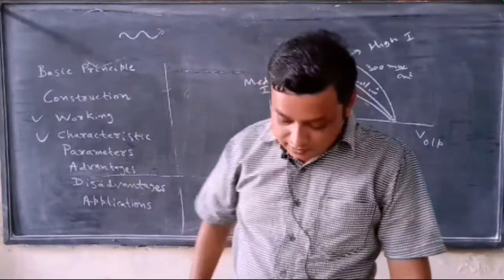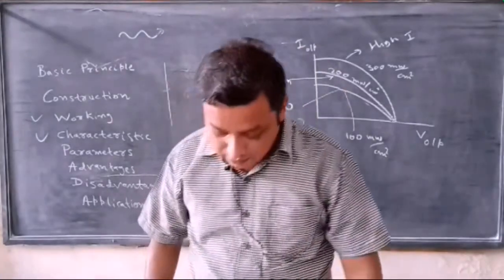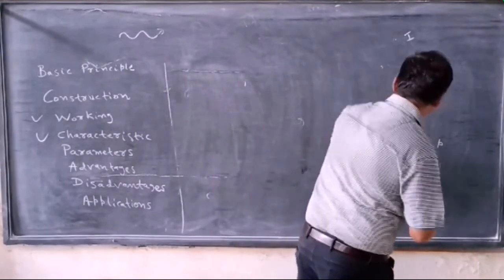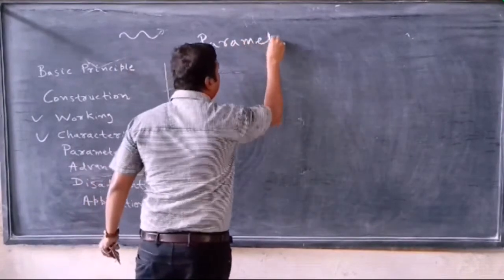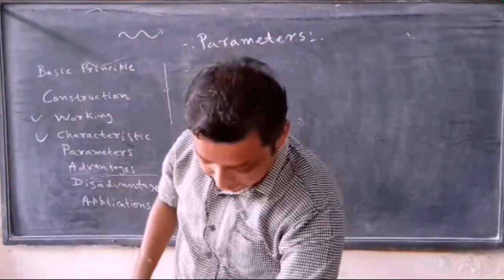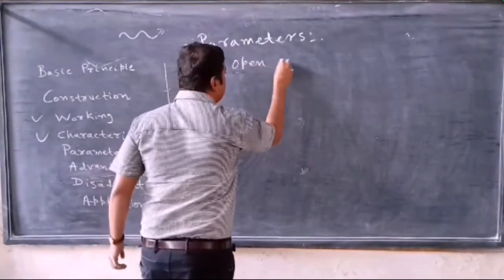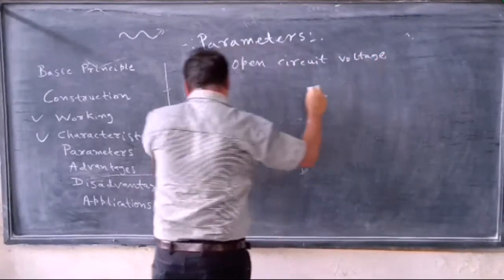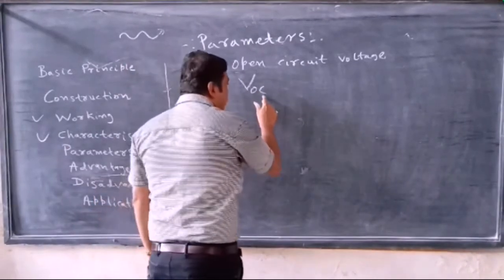Then I am going to start the parameters of the solar cell. First parameter is the open circuit voltage, represented by VOC.